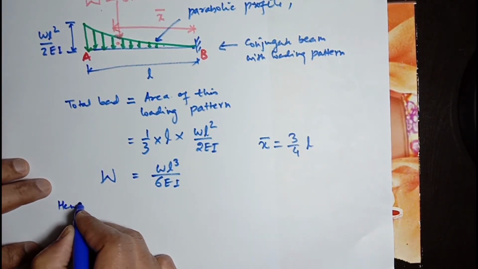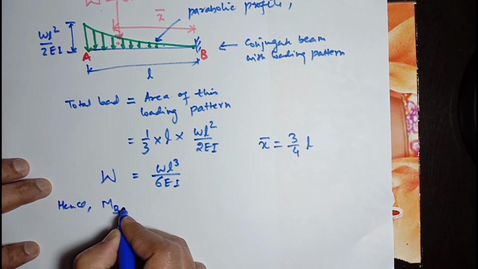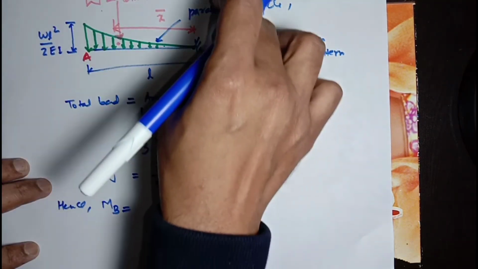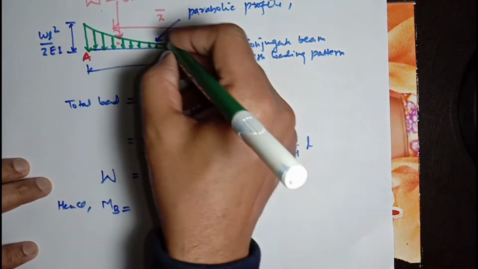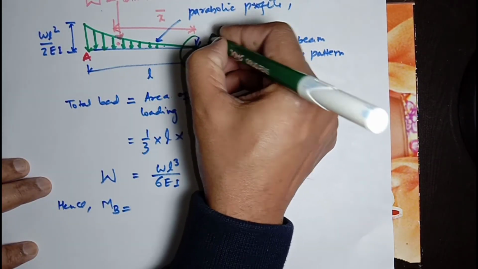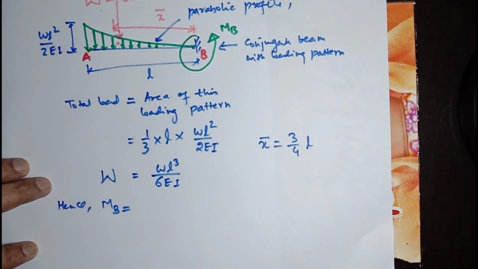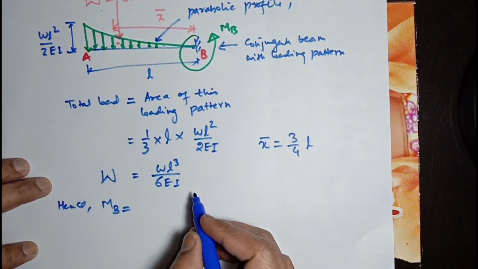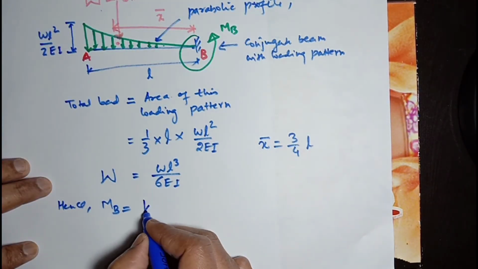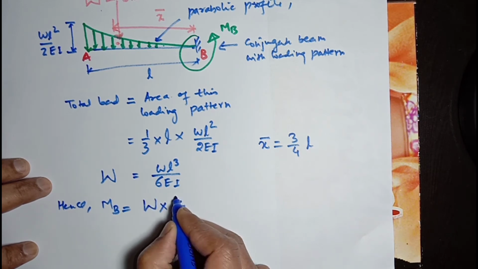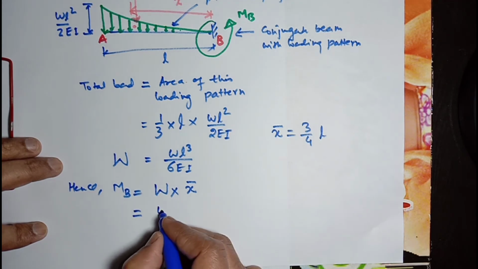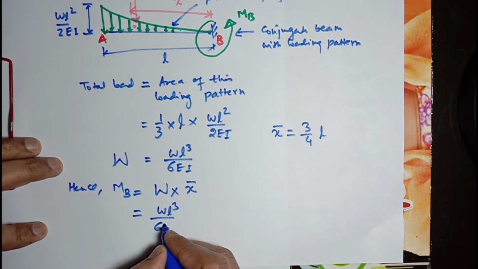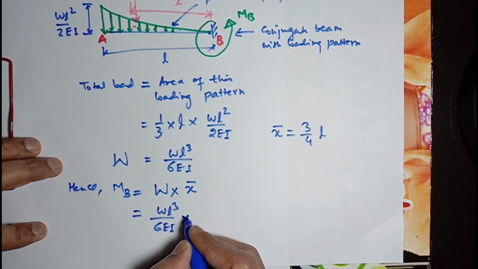Hence MB will be in anticlockwise direction. That will be an anticlockwise direction moment. So MB will be total load W multiplying with x bar. W is WL cube divided by 6 EI multiplying with x bar.